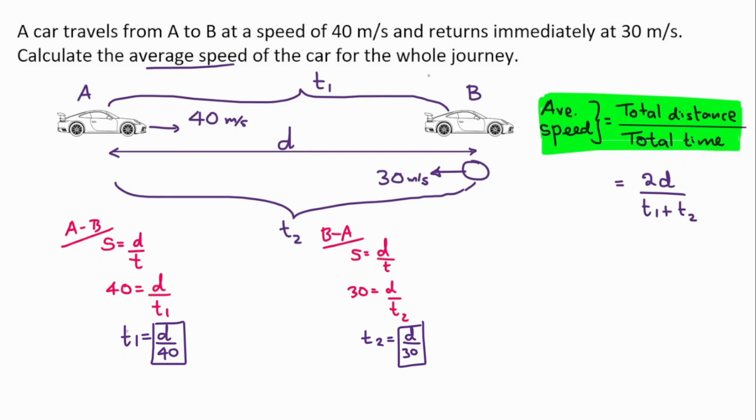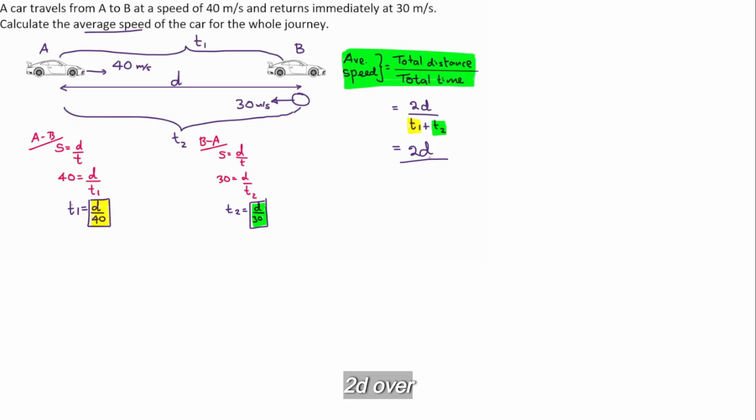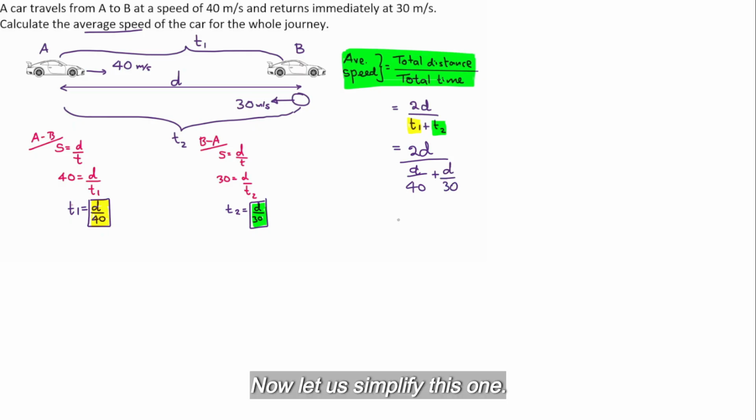Now all I need to do is substitute the value of T1 as d over 40 and T2 as d over 30. So now we have 2d over, T1 is d over 40, T2 is d over 30. Now let's simplify this one.